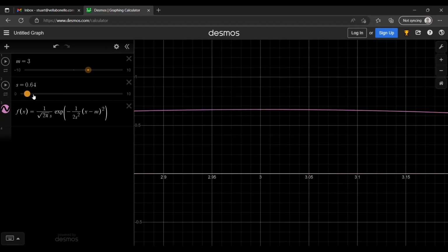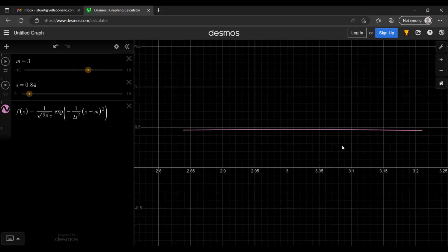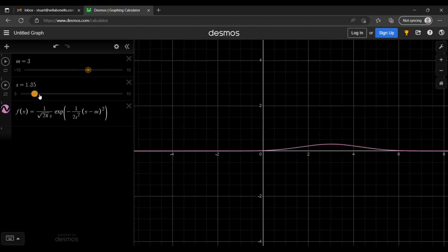Now, the larger that variability is, that standard deviation is, the more uncertainty there is. The data is more spread out. Okay.